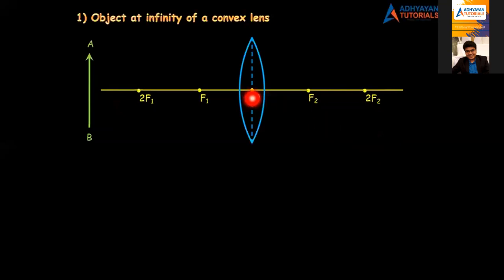From O, measure 2 centimeters on the right hand side and mark a point. Fast. Call this point F2. Now from F2, measure 2 centimeters more on the right. Call this point 2F2.